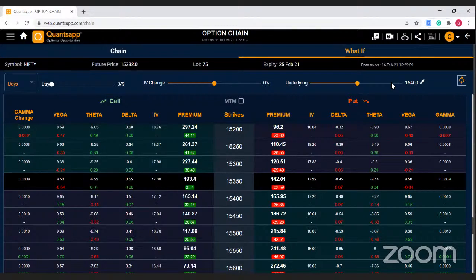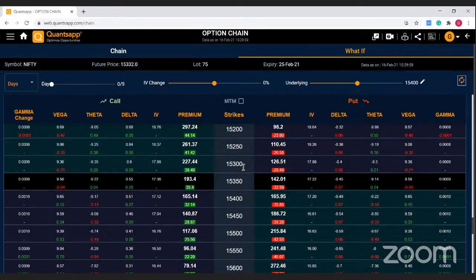So what we are looking at in the chain what if is that, as a person, I want to know how much my option premium will be affected if there is a change in the underlying. We know that call option prices will go up if the prices of the underlying are going up.